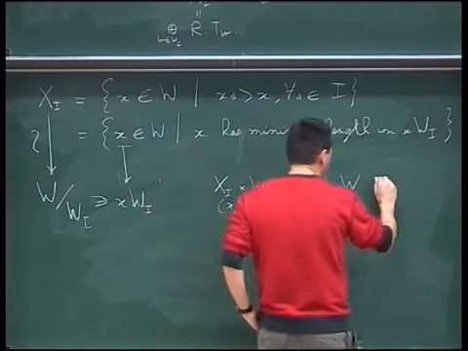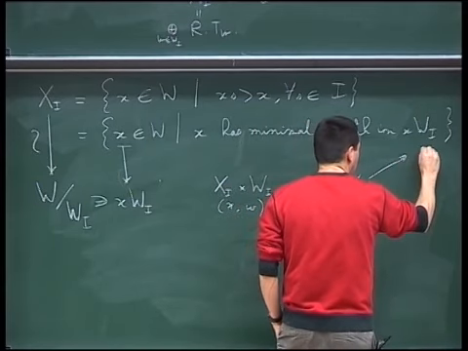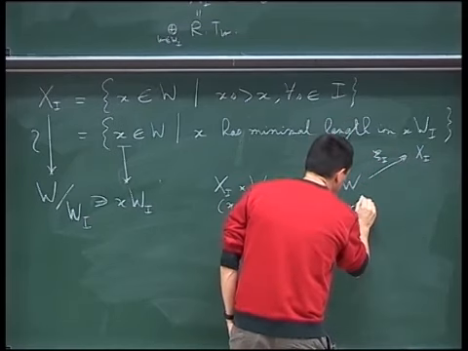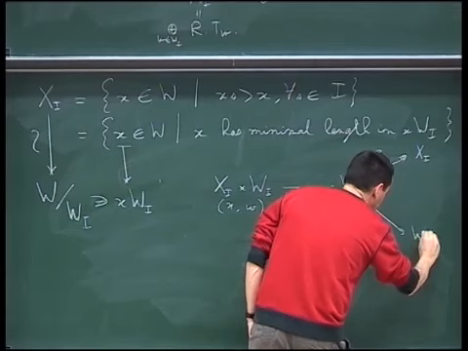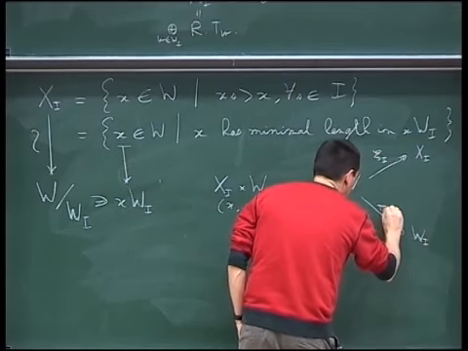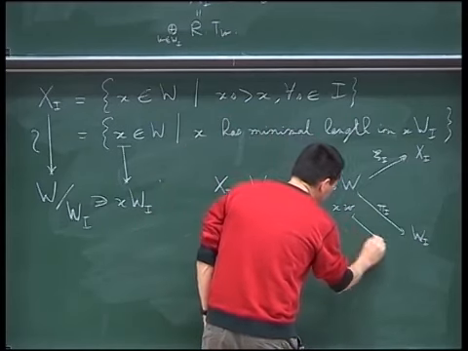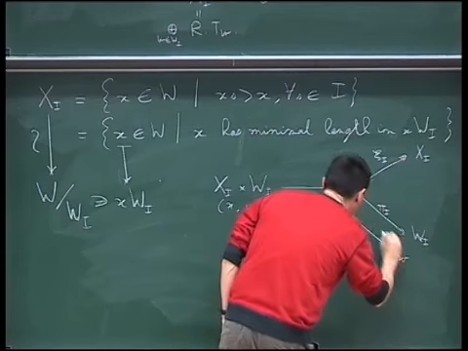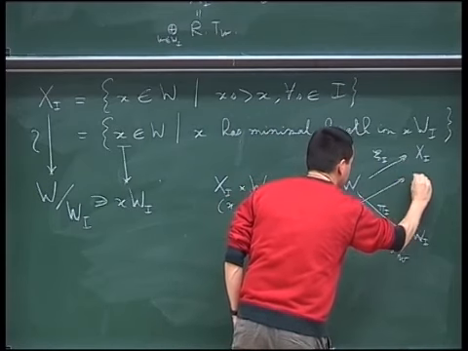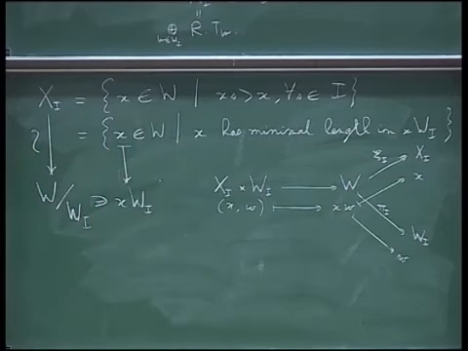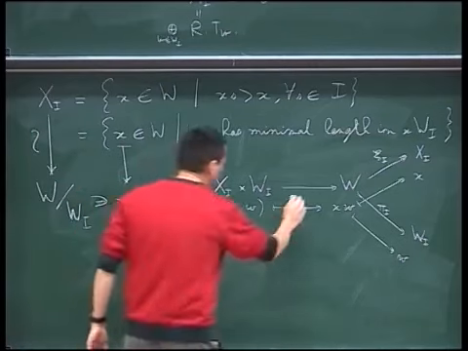So you can define two projections, one on XI, one on WI, that I denote by pi I and psi I, and it sends this element to w, and this element is sent to x. Well, so the uniqueness of the decomposition implies that you can define such a map.